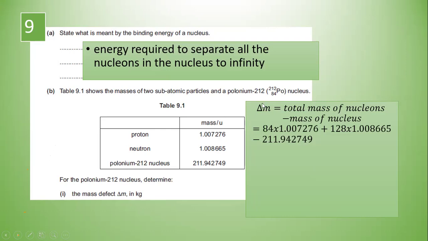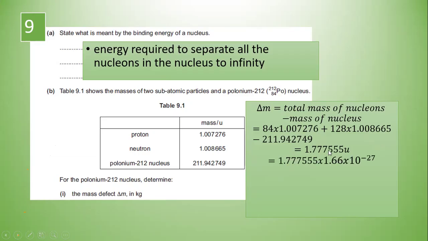So there are 84 protons, and then 212 minus 84, that is 128 neutrons, and then minus that one. Should be a positive value. If not, you are subtracting wrongly. Then change to kilogram.